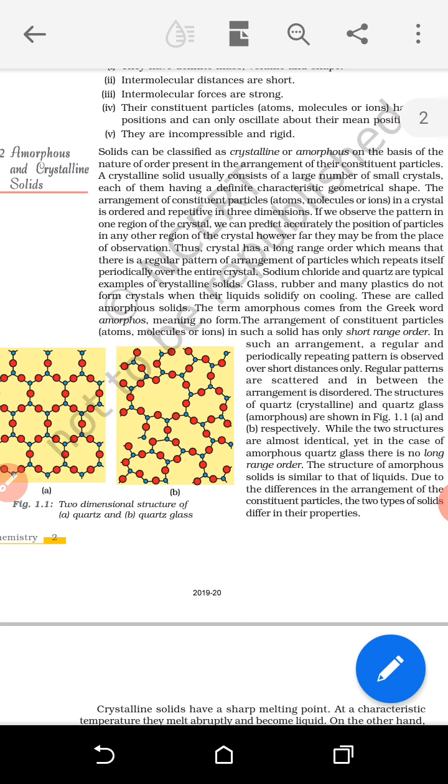Examples of crystalline solids are sodium chloride, quartz, whereas examples of amorphous solids are quartz glass, rubber, plastic, etc.